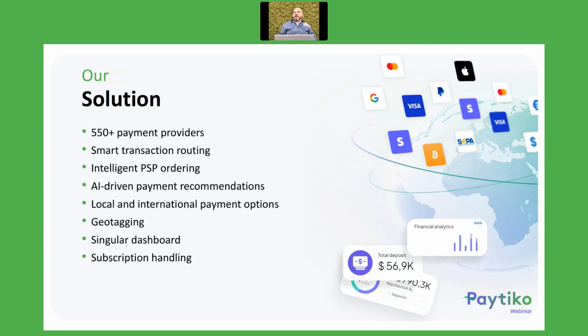Second thing is for the transaction handling, we have designed and developed on the back end of our software smart routing. And as I'm going to explain in a bit, you're going to see how the smart routing actually works and how the smart routing is a way to increase the revenue for you as a merchant and basically reach the performance that you're looking for. The next thing that we offer is based on the payment service providers themselves.